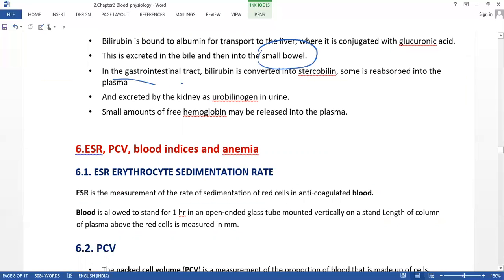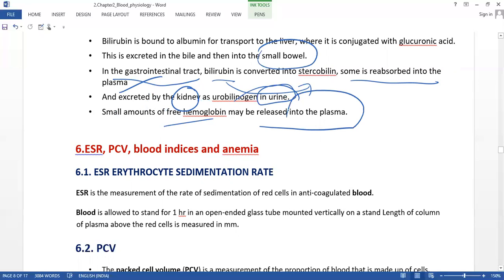And in the gastrointestinal tract, the bilirubin will be converted into stercobilin, and some is reabsorbed into the plasma also, and is excreted by the kidney as urobilinogen in the urine, and a small amount of free hemoglobin may be released into the plasma.